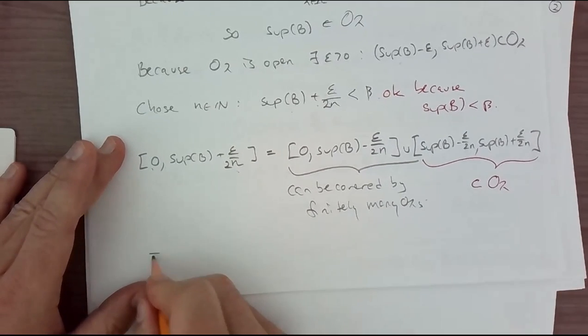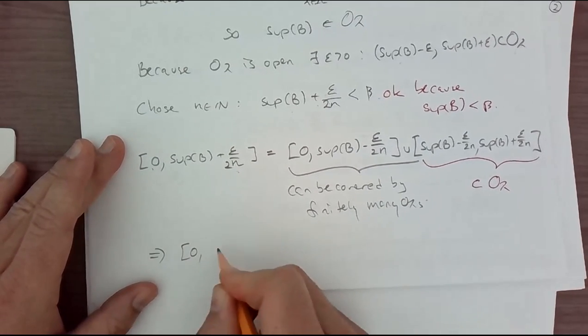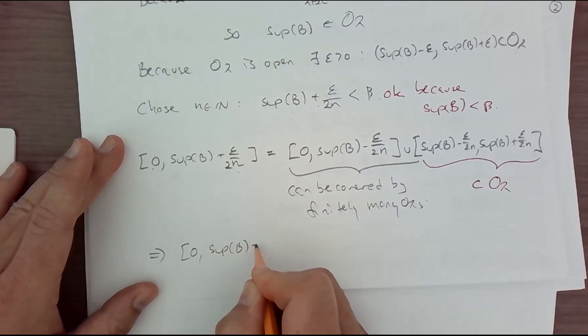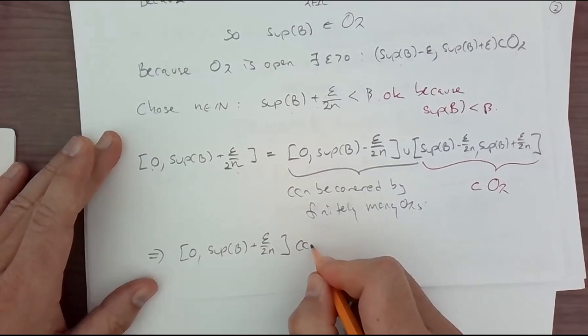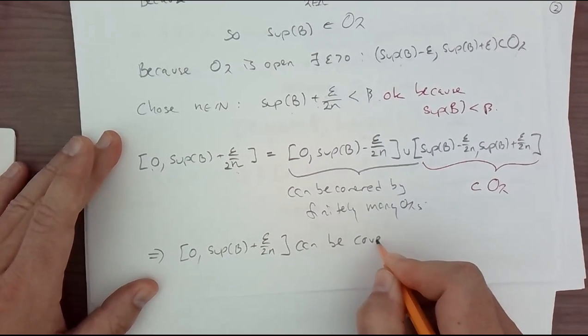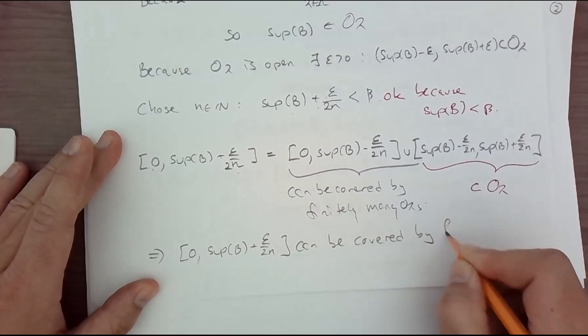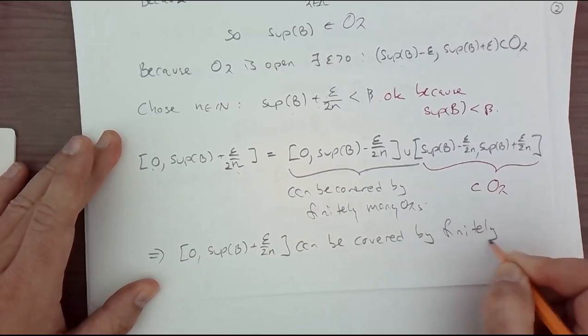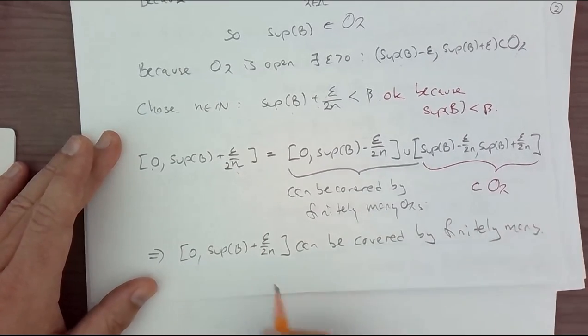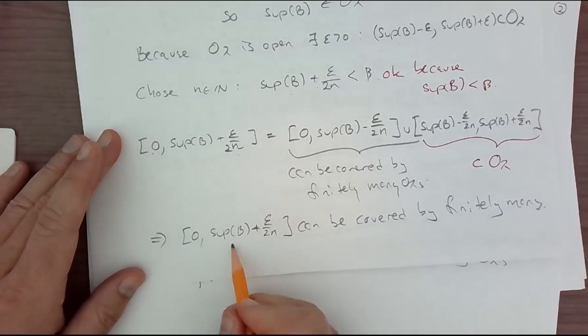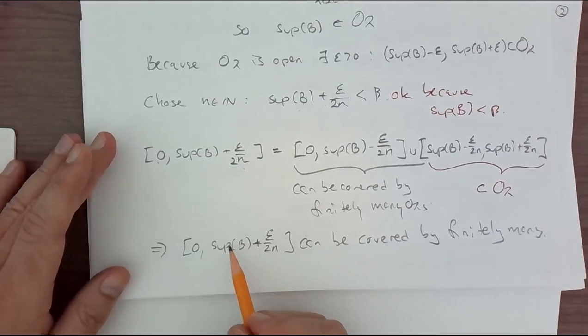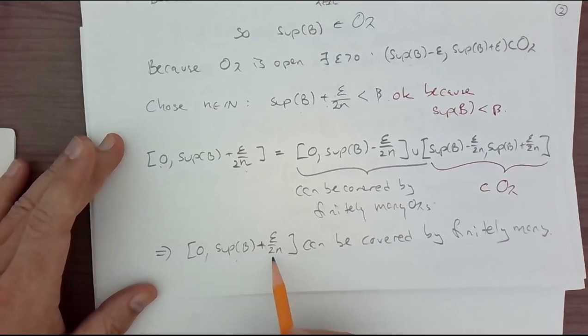Put these two together, then that's going to imply that the interval from 0 to sup b plus this epsilon over 2n can be covered by finitely many. But that's a contradiction, because sup b was the biggest number, and here we found one that's even bigger.